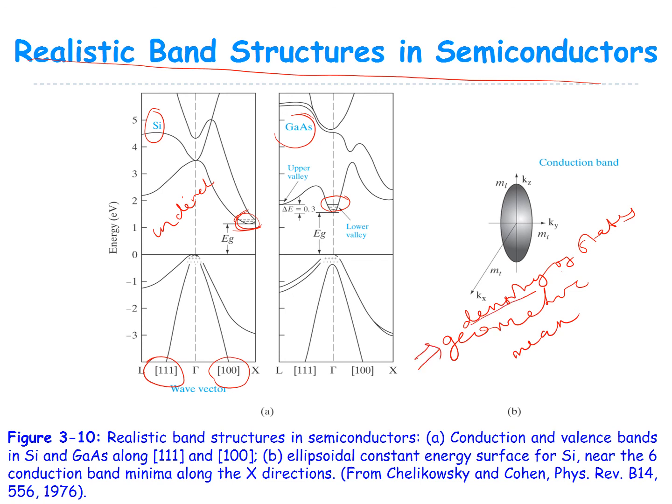We need the density of states effective mass when we try to count the number of electrons in a semiconductor. But when we try to calculate things like the mobility or the electric field response, we usually use the conductivity effective mass, which is more like a harmonic mean of these band curvatures.